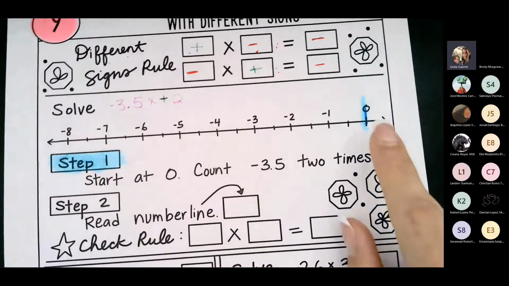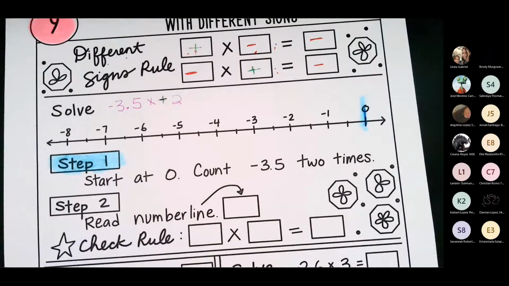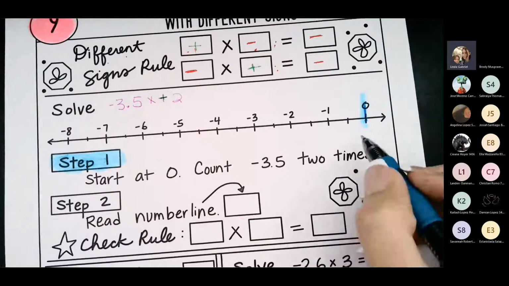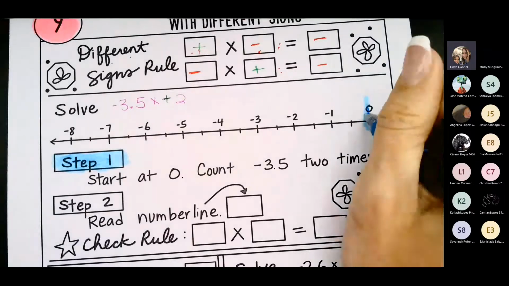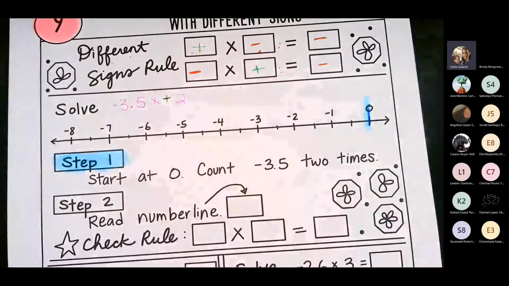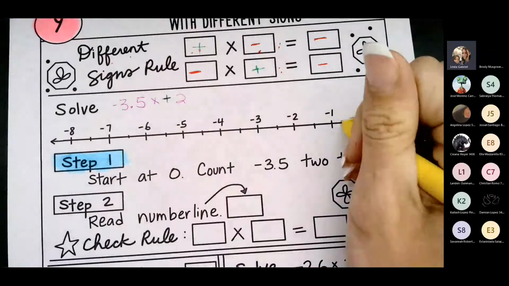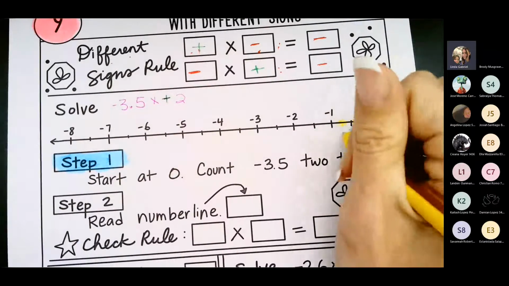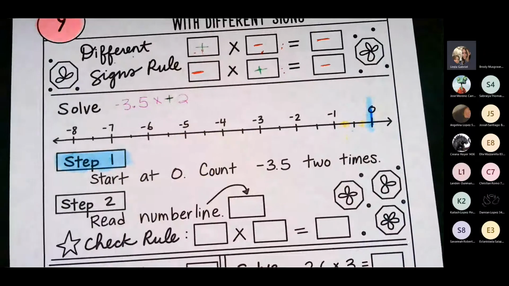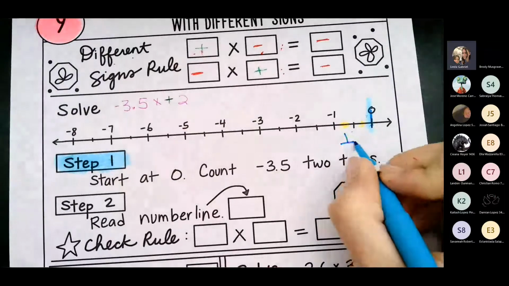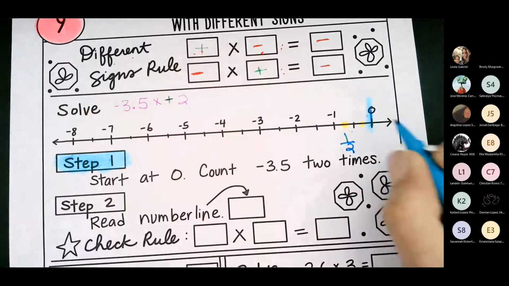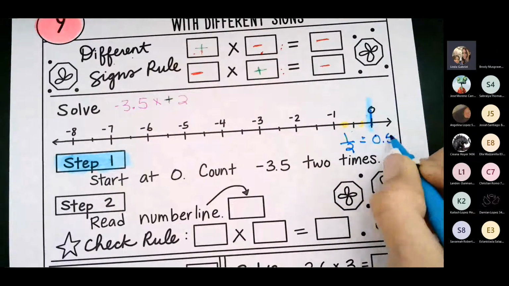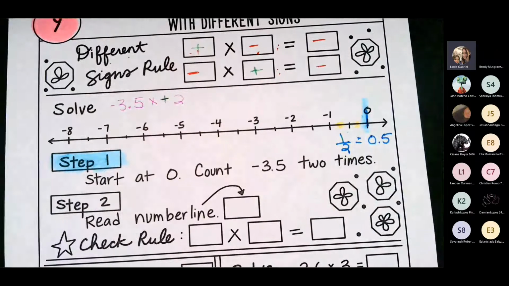Okay, so I'm going to start at 0. I'm going to move over negative 3.5 2 times. I see here that each section is divided into 2, right? Each whole value is divided into 2 spots. So that means that my little lines are worth a half. 1/2 is the same as 0.5. We know that by now. We've done that quite a few times.